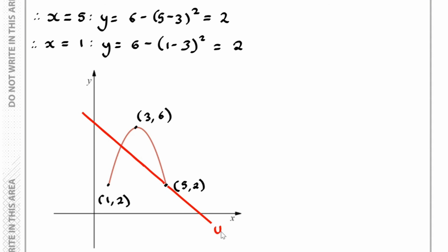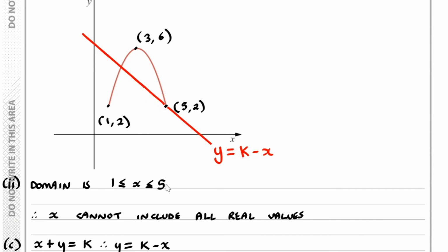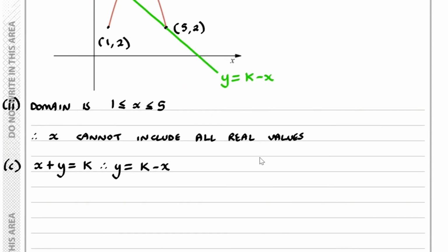And this is the line, y equals k minus x. And what we need to do is find the range of values of k for which this is true. So I've got y equals k minus x, and it intersects the graph over here at 0, k, and it's got a gradient of -1. Now, if it intersects at two distinct points, what we can do is use the discriminant.